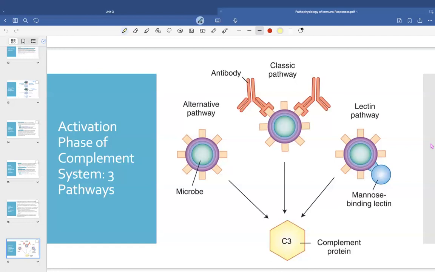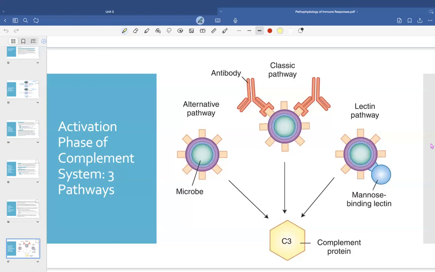So once you get to that C3 in this slide here, it picks up at the top. There are different pathways that complement activation can lead to. It can lead to phagocytosis. It can lead to chemotaxis, bringing more white cells into the area. It can lead to direct destruction.